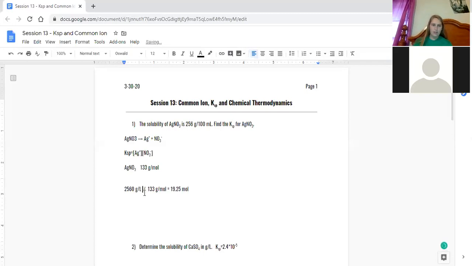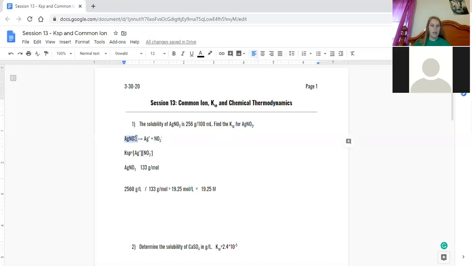If you leave the liters there, then whenever you do that, you end up in moles per liter, or you can also look at that as 19.25 molar. So at that point, you have your molarity of both this and this because it just separates out completely.